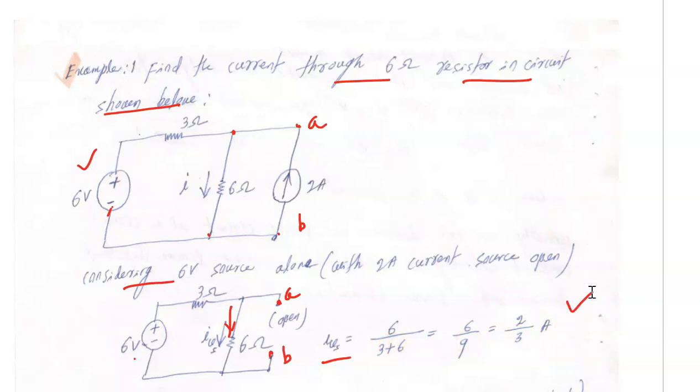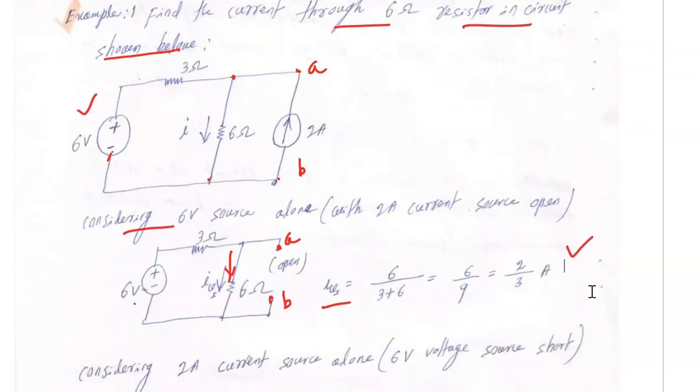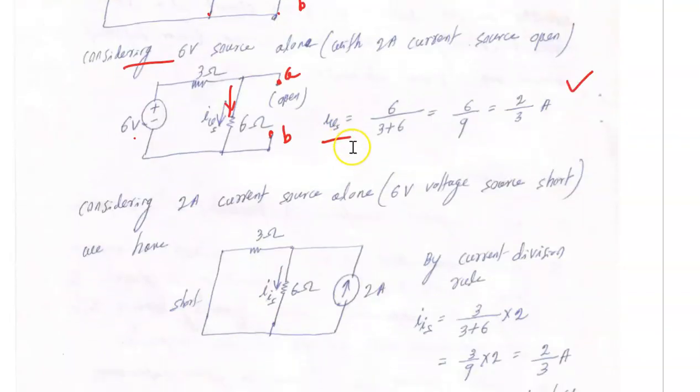Next, we'll reduce the 6 volt voltage source to 0 and consider only the 2 ampere current source. So the next circuit is like this. It is a current division. So the current due to the current source only, by the current division rule, I_IS is 3 upon 3 plus 6 into 2, that is 2 by 3 ampere.